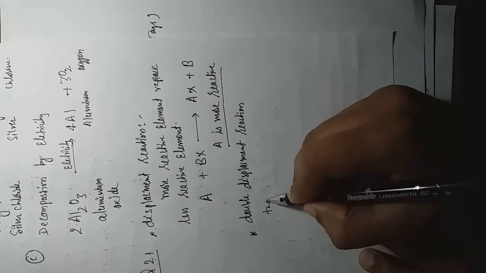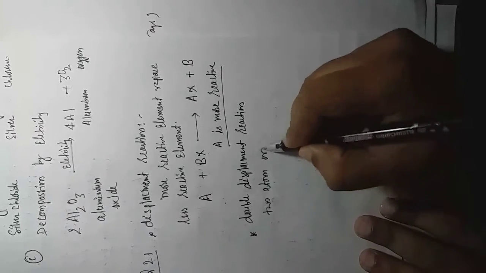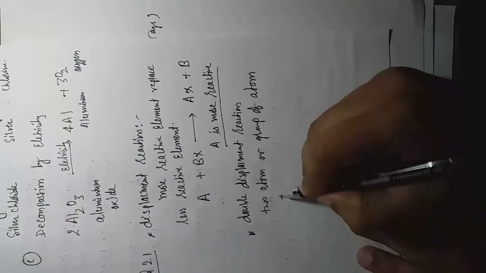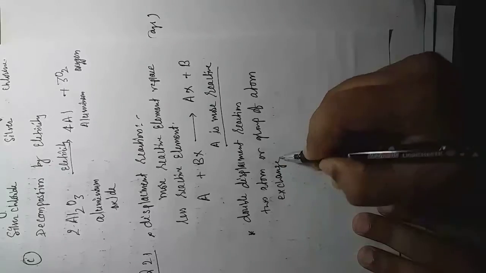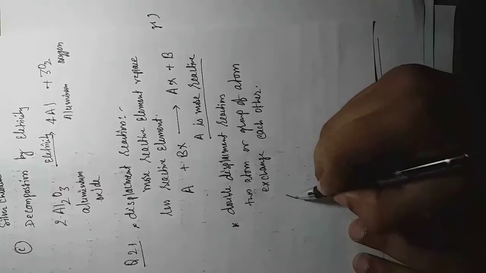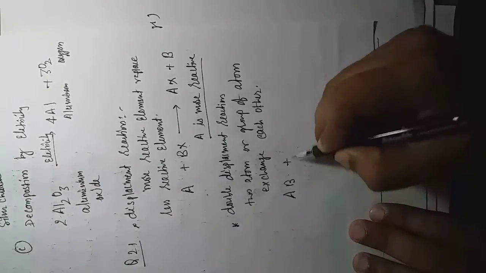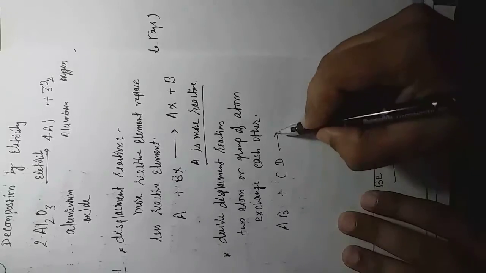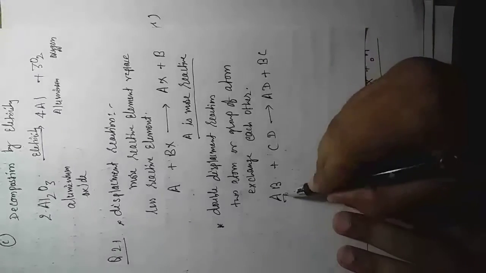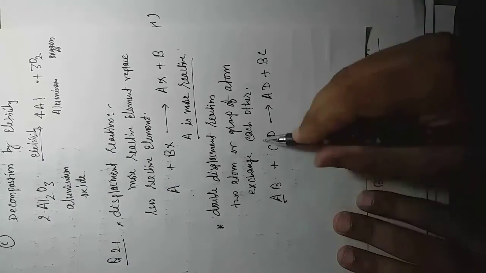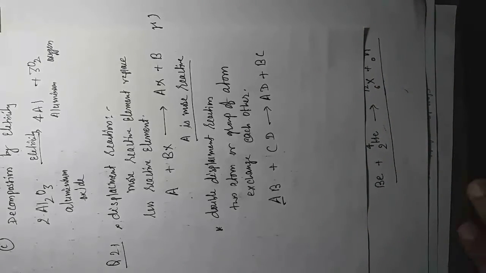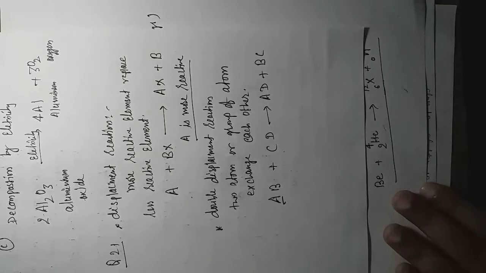The example is AB reacting with CD. After reaction, we get products AD plus BC. So what is the alternative? We exchange the atoms or groups of atoms from one to another. This is called double displacement reaction.